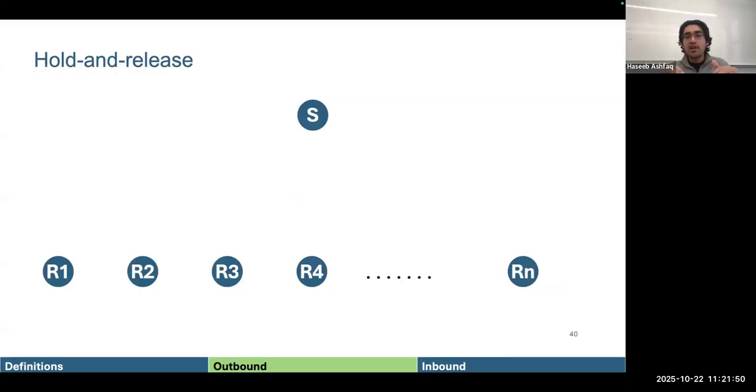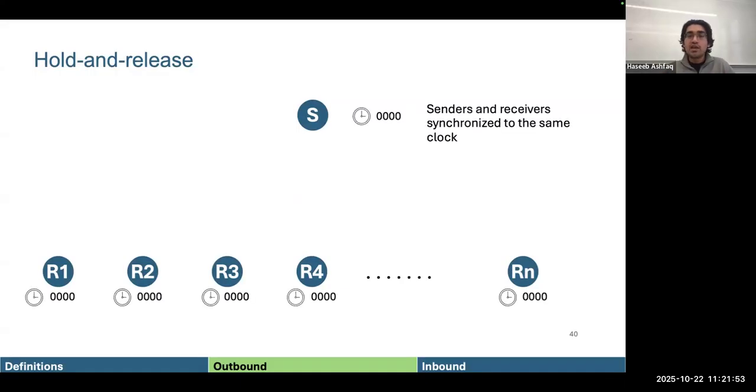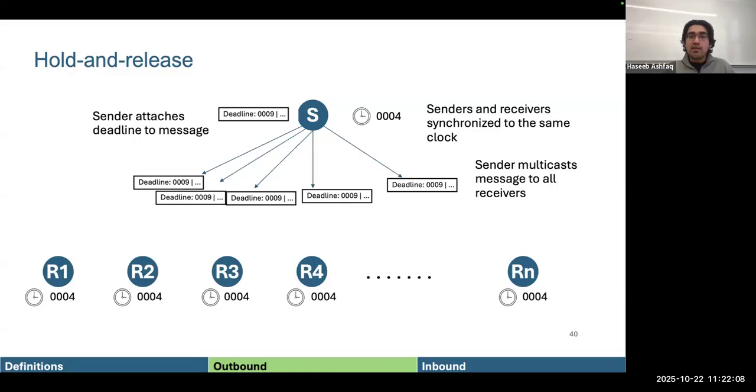So there is a sender and there are several receivers. We synchronize all their clocks with each other, and then whatever message the sender sends to the receivers, it attaches a deadline to the message, and then this message is multicast to all the receivers.